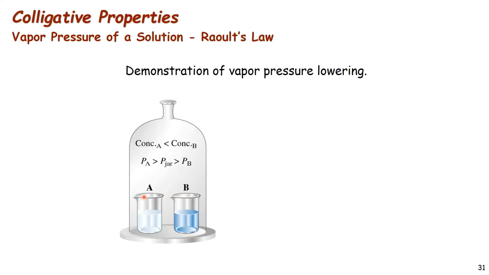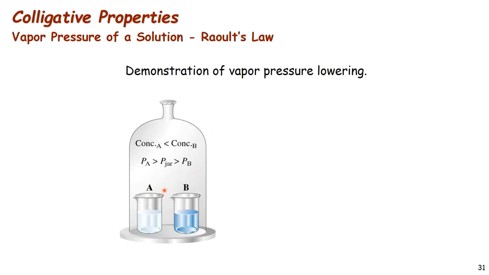Well, according to Raoult's law, with a non-volatile solute, because this guy has more solvent molecules, it is going to have a higher vapor pressure. And remember what vapor pressure is from Chem 110. That's the amount of molecules escaping into the vapor.